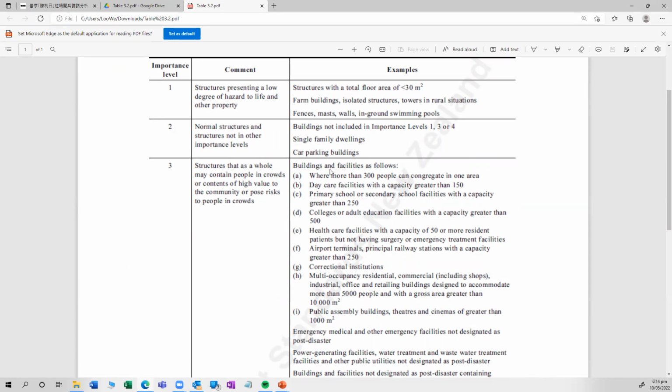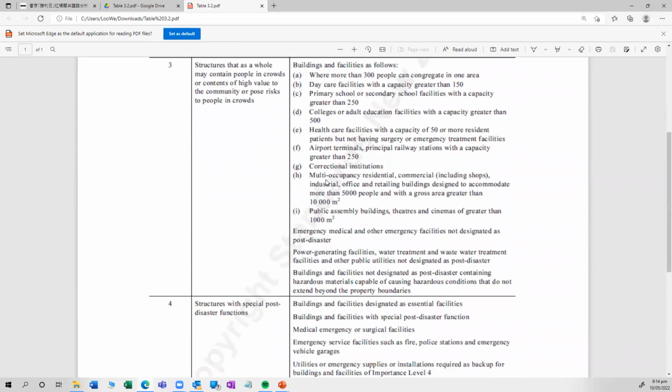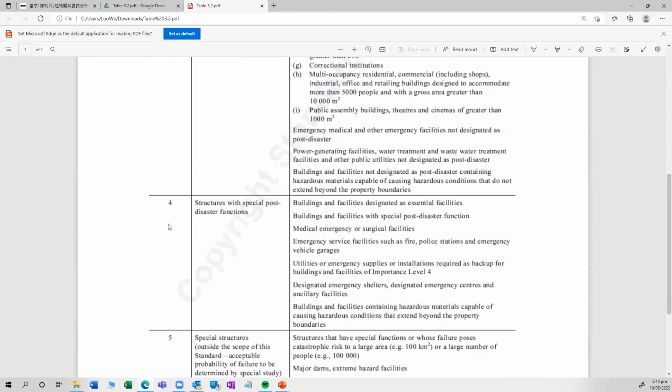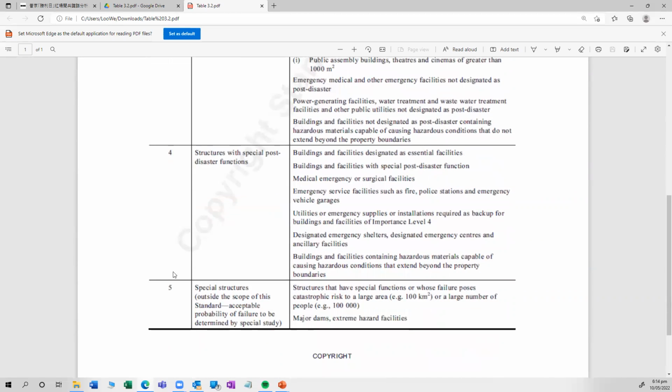And they give you some examples here. And you've got structures of special post-disaster function, such as medical, emergency, and hospitals. They're much higher, level 4. And level 5, you might be talking about dams or something that, if it collapsed, would cause a lot of people to die.